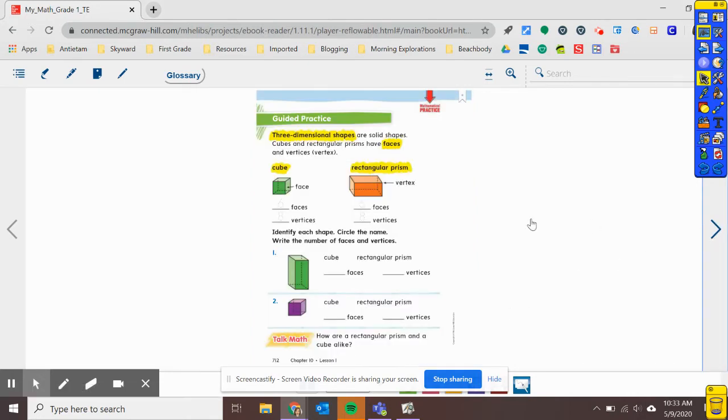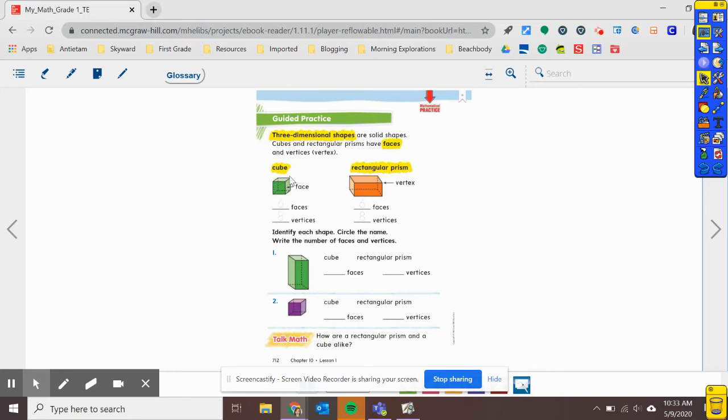Go ahead and turn your page. So three-dimensional shapes are solid shapes. Cubes and rectangular prisms have bases and vertices. Okay, well, we know that term vertices. What does that mean? Remind yourself. What is a vertex or a vertice? That's the corners. So the corners mean the same thing.